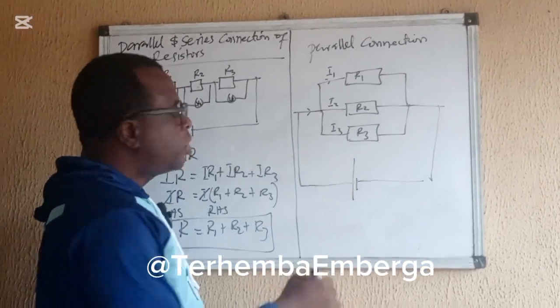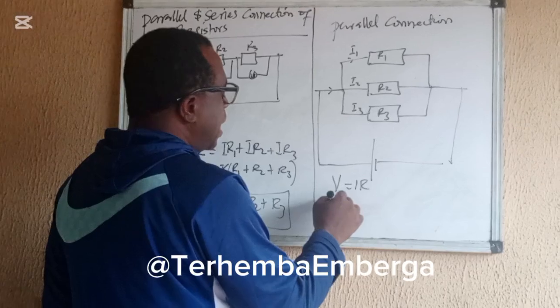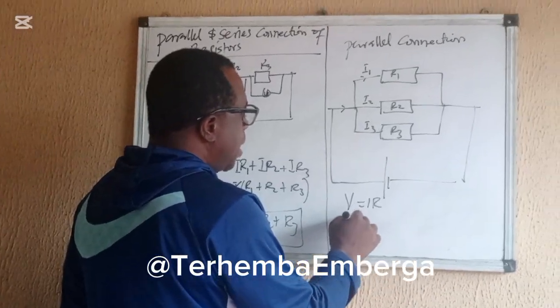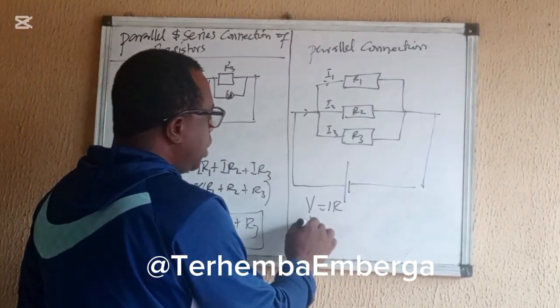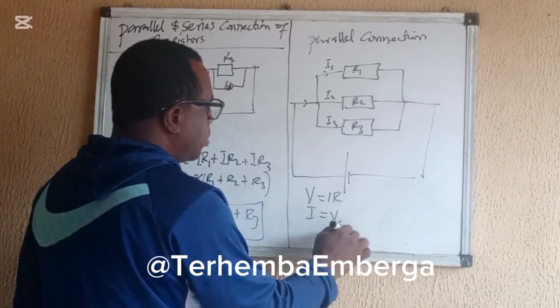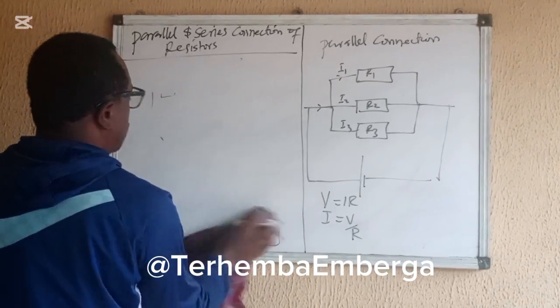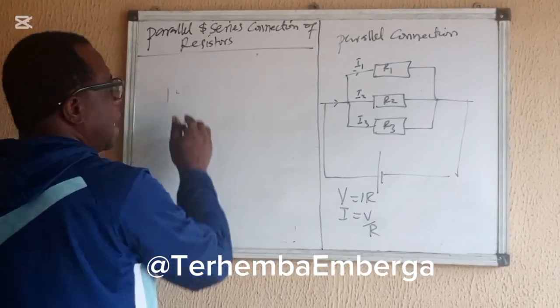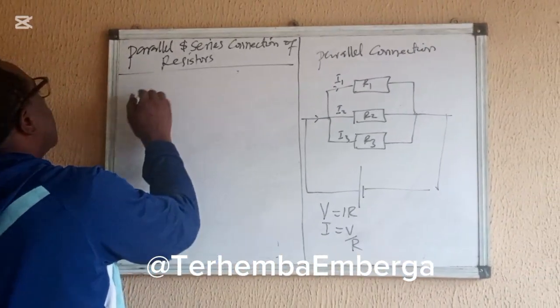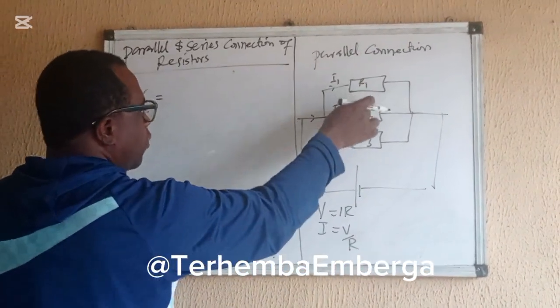So the same Ohm's law, we say that V is equal to IR, and we can say that I will be equal to V all over R. So from here, we can say that I equals V over R1 plus V over R2 plus V over R3, since the voltage is common for each of them.